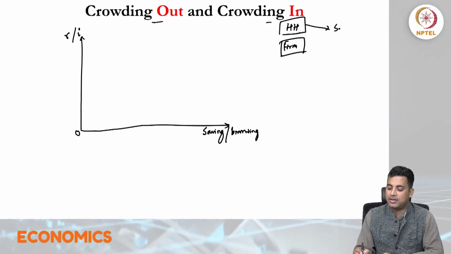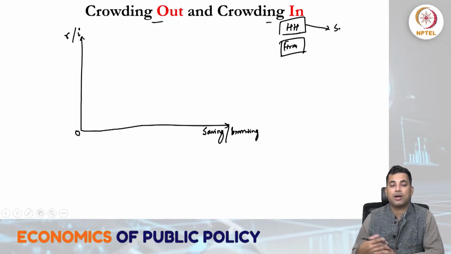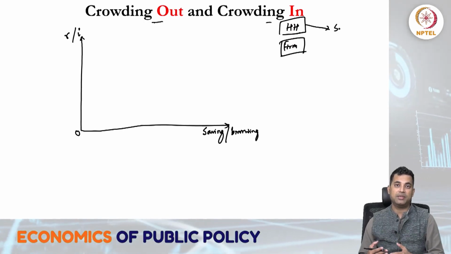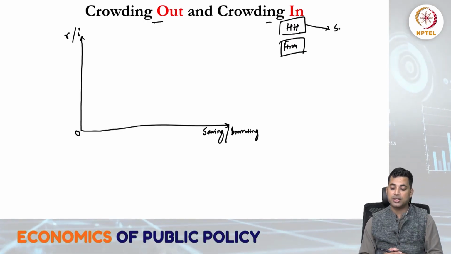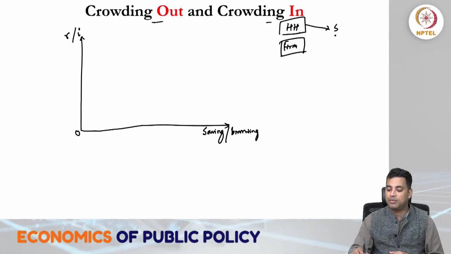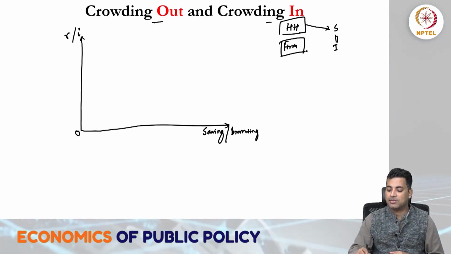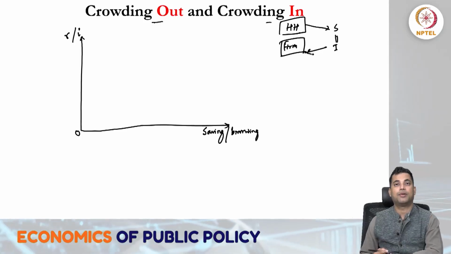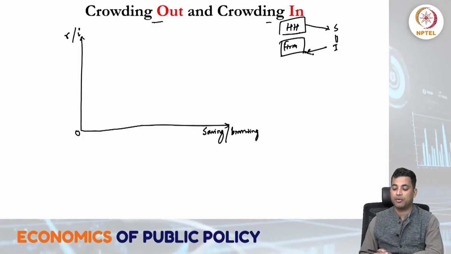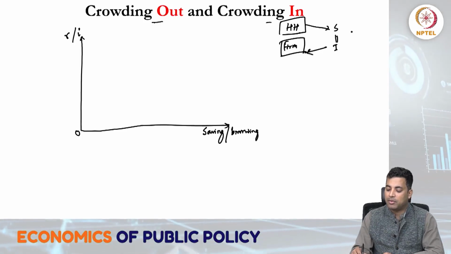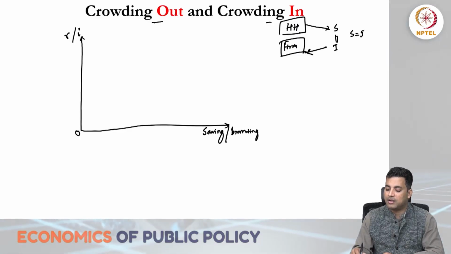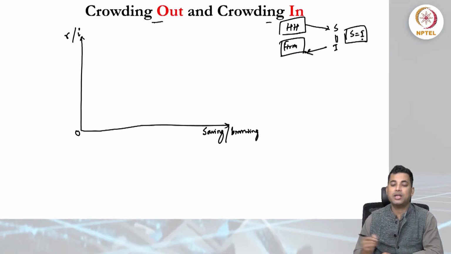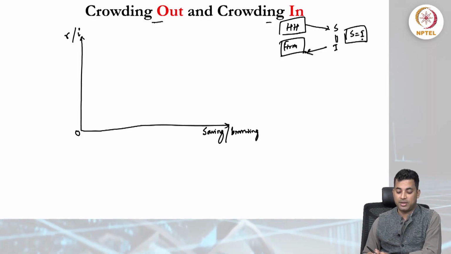Whatever amount of money is saved in the financial institutions needs to be invested in the firm, or the firm can borrow from that. So this is the equilibrium condition where savings becomes equal to investment, right?